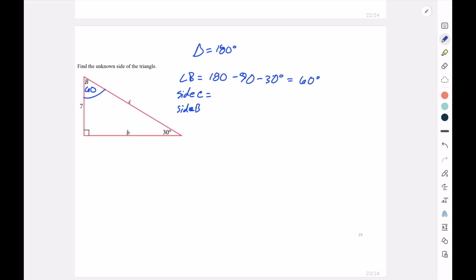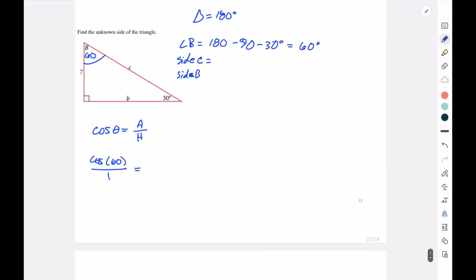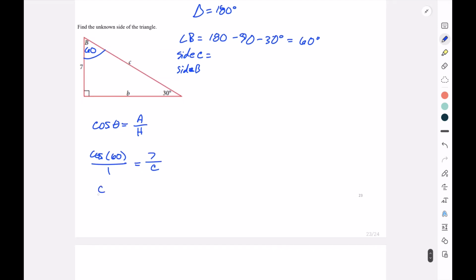So if we look at cosine of theta equaling adjacent over hypotenuse, we can take cosine of 60 degrees over 1 is equal to our adjacent 7 over a hypotenuse C. If we cross multiply, I would put C on the left is equal to 7 over cosine of 60. If you plug that into your calculator, you will get 14.